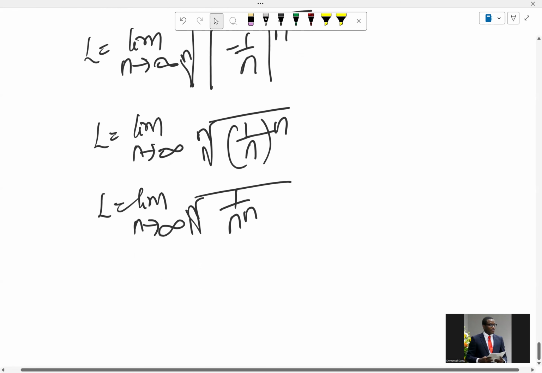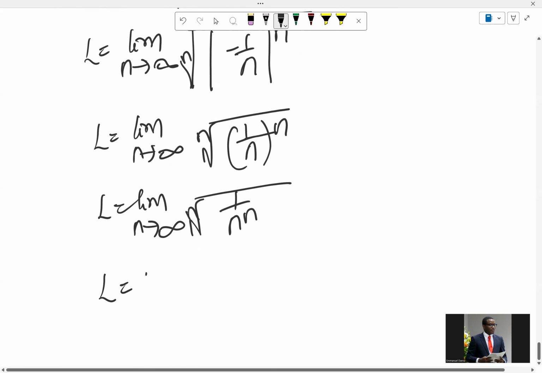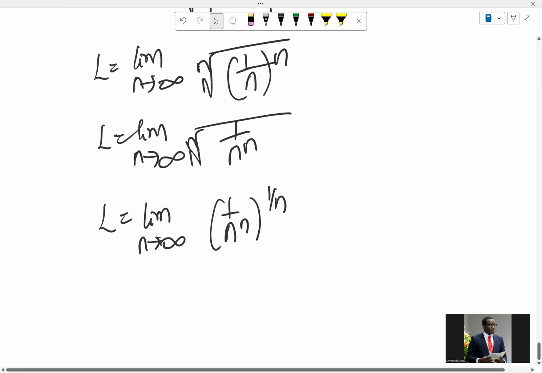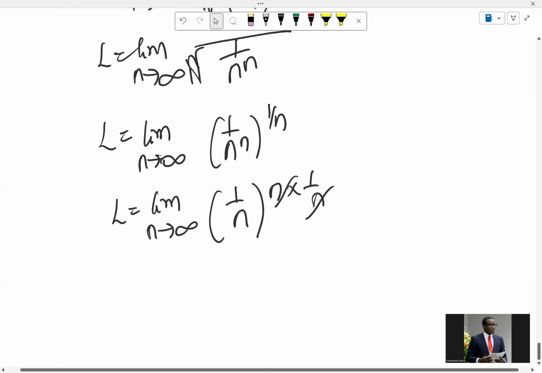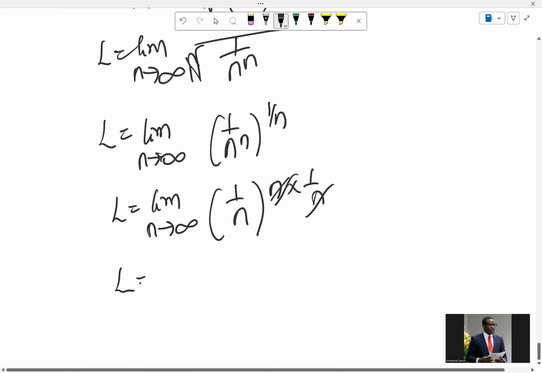So L is the limit as n approaches infinity of 1 over n raised to power n, raised to power 1 over n, because the nth root is power 1 over n. So L is equal to the limit of 1 over n raised to power n times 1 over n. This cancels out, and we have L as the limit as n approaches infinity of 1 over n.